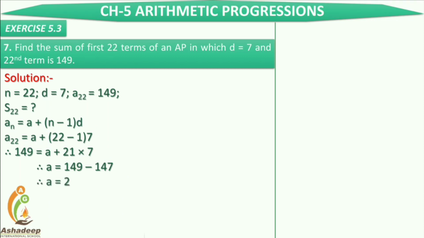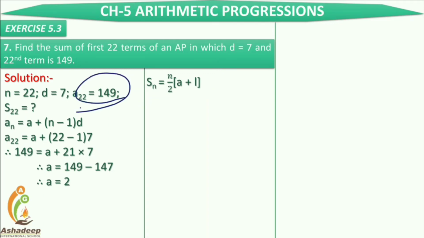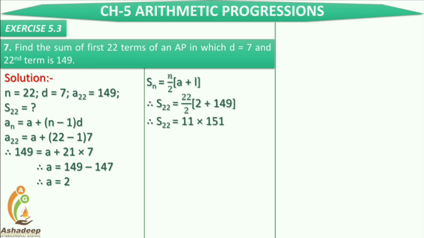So a is equal to 2. Now Sn is equal to, we already discussed that if the last term is given, at that time we use this formula. So we have l, or you can say an, with us, right? So put the values and just simplify it. 22 and 2 is cut out, the answer is 11, and this is going to be the plus 151. We can multiply this, you will get the answer 1661, right?